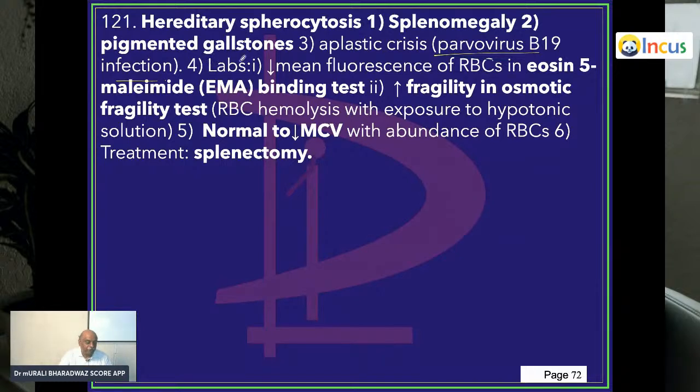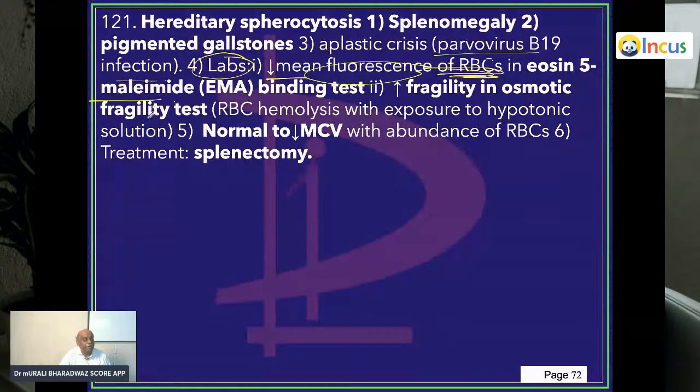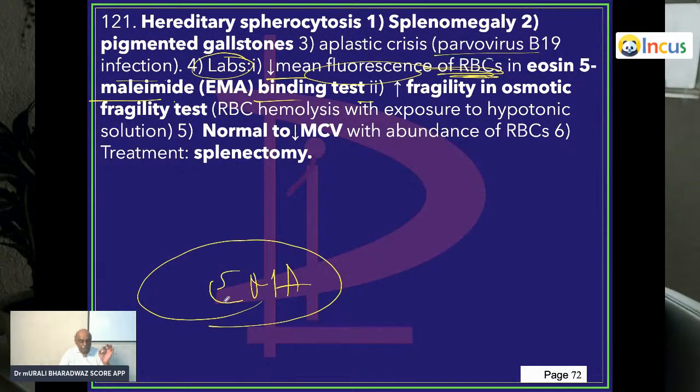Now, in the laboratory, there is a decreased mean fluorescence of the RBC if you do a test called the eosin 5 maleimide binding test. That will be abnormal.